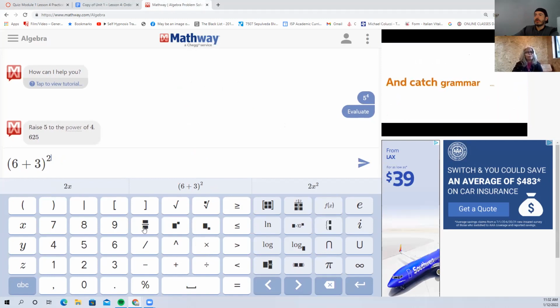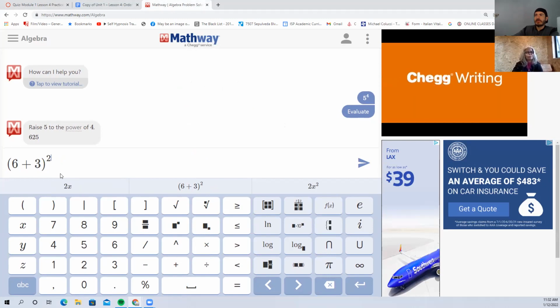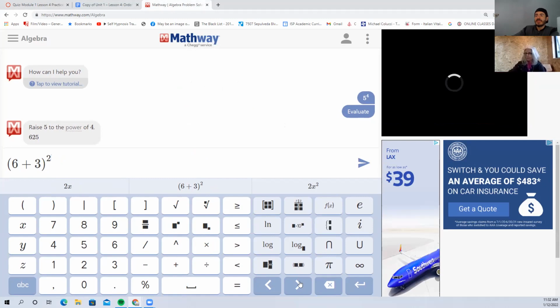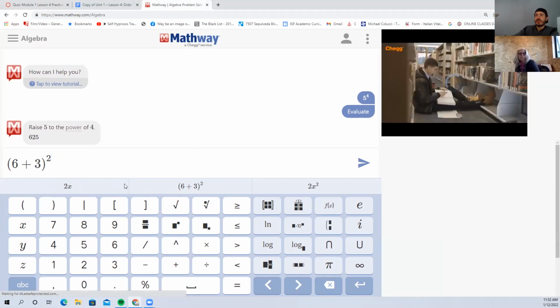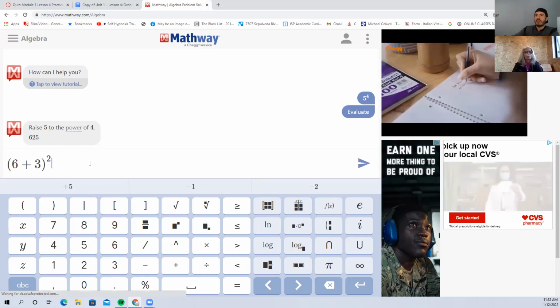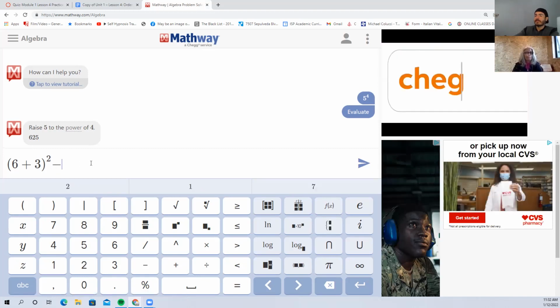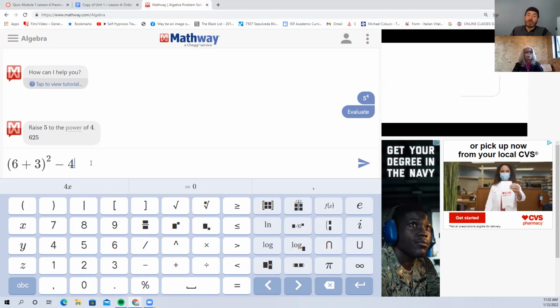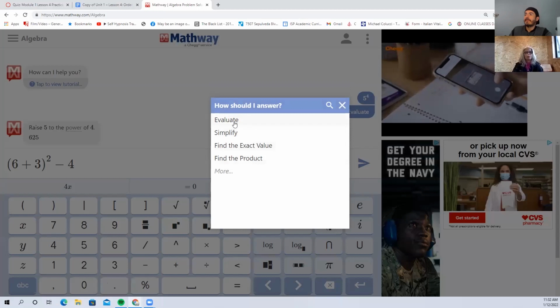When you are working with a calculator like Mathway or Desmos as well, I think it works this way too. These buttons down here will get it off of superscript. You see how that worked? So I just typed in the problem. Let's see if the computer confirms my math.